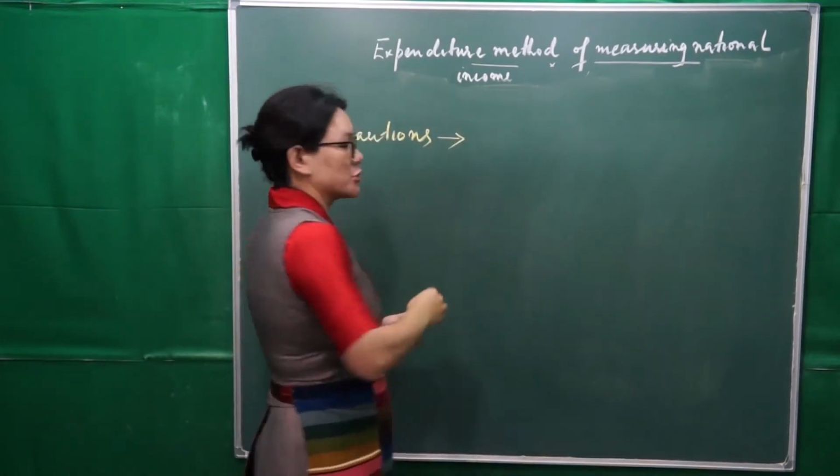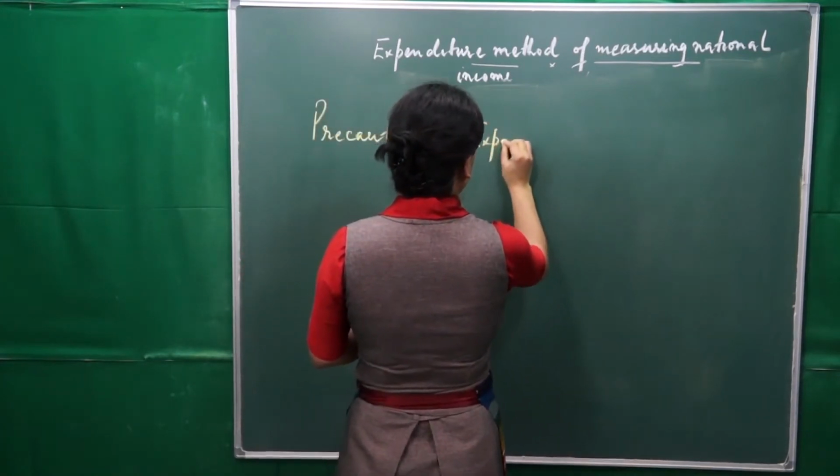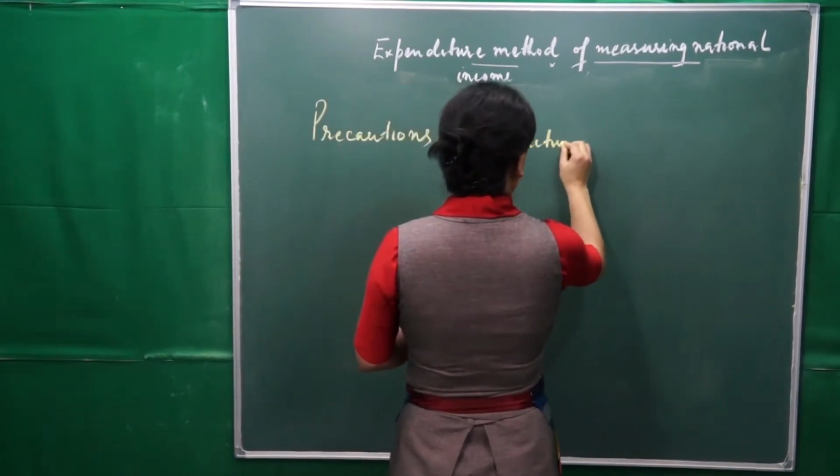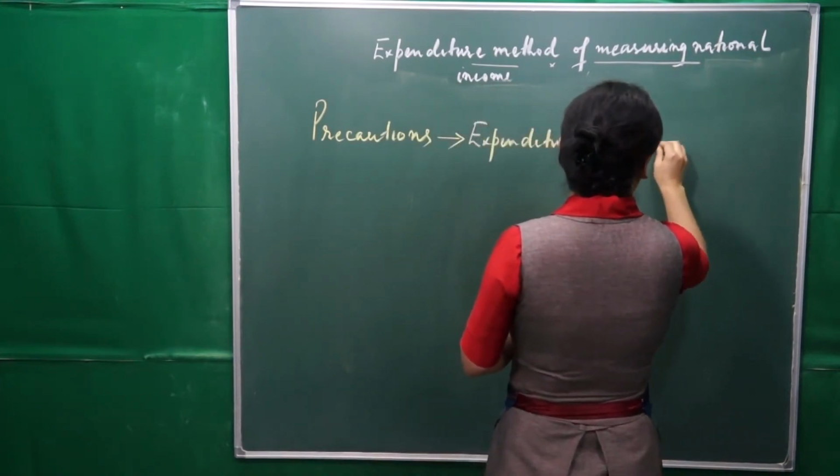Now, first precaution is expenditure made on final goods and services.